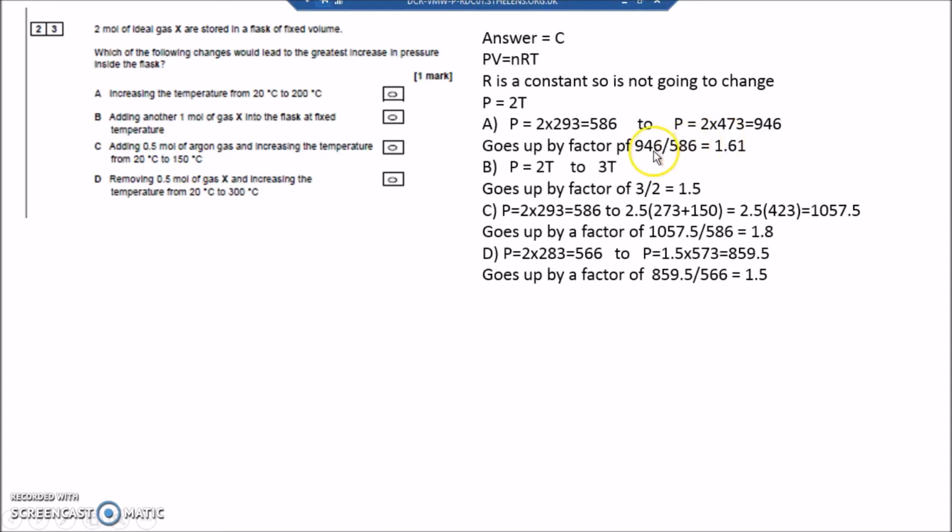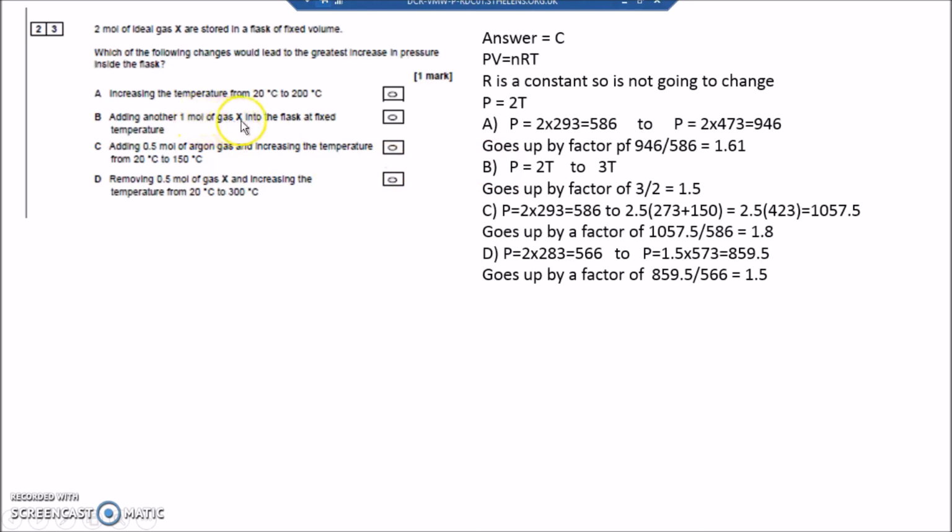It's nearly doubled. The way that I'd work out how much it's going up by is a factor of 946 divided by 586. If I divide the bigger by the smaller, I work out how much it's gone up by. It's multiplied up by a factor of 1.61 times bigger.